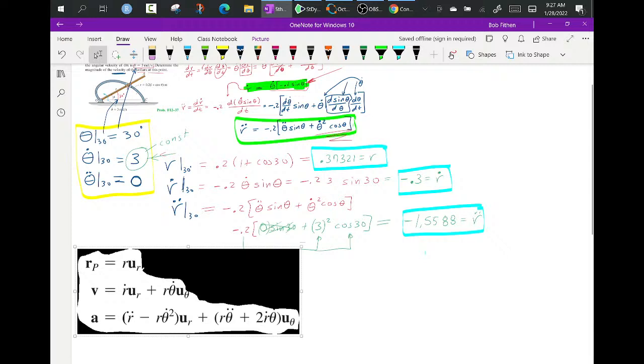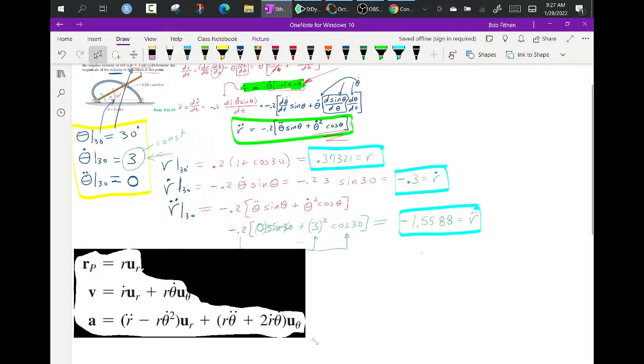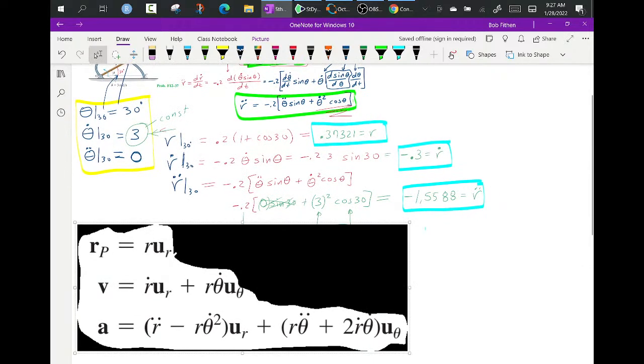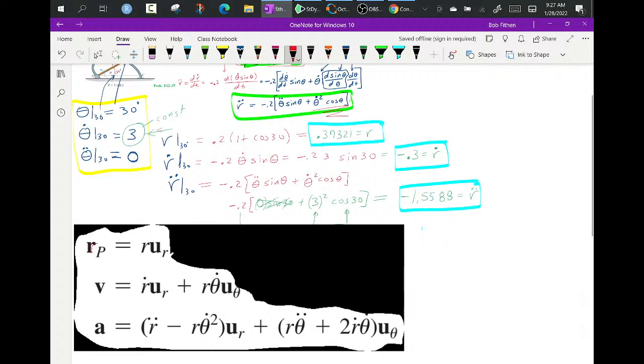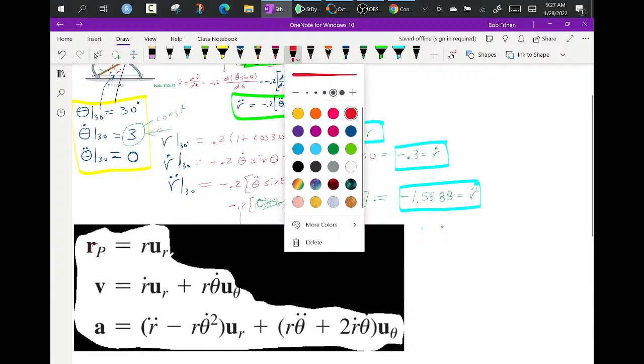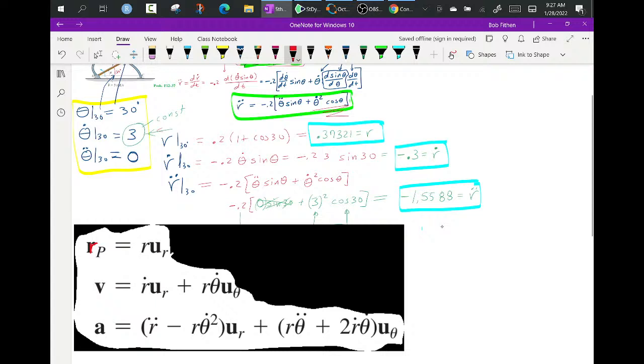So, as a matter of fact, here's how I'll work off of it. I will use a pen and trace it. I'll also increase the thickness of it. Okay. R is equal to R U_R. V is R dot U_R plus R theta dot U_theta, which I have to put a bar on.